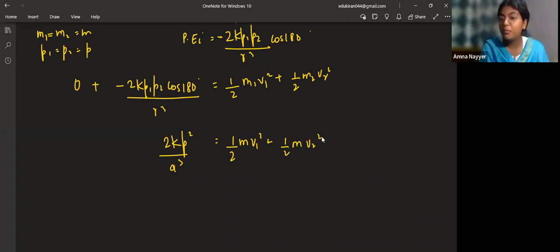But now we'll not be able to solve this further, right? So one more thing which connects velocity apart from conservation of mechanical energy. Can you name one quantity whose conservation will lead to the involvement of velocity? Anyone? A physical quantity whose conservation involves velocity.